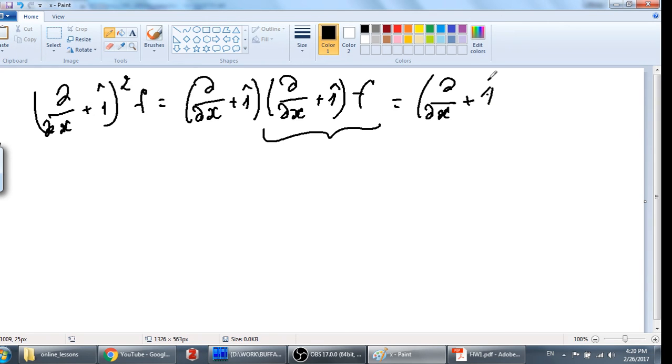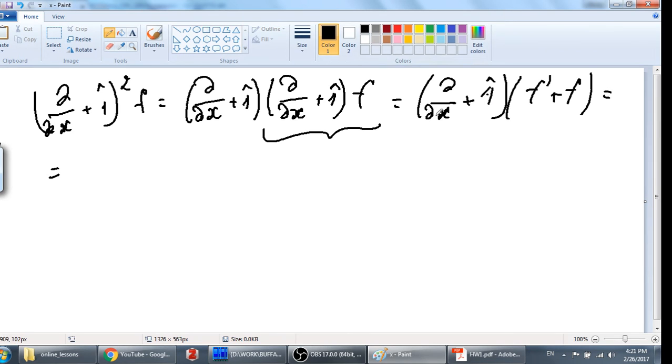So first I rewrite this part of the operator, and the second one, like I already explained, I will already write as a result. Now here we have this operator being applied to this new function, which is f prime plus f, and the algorithm is exactly the same.